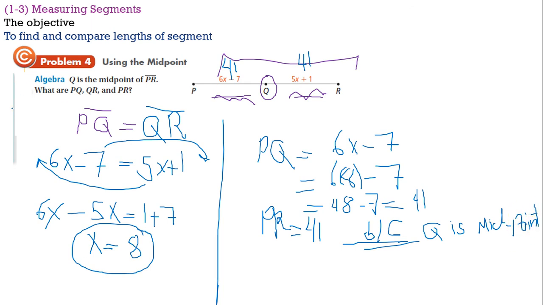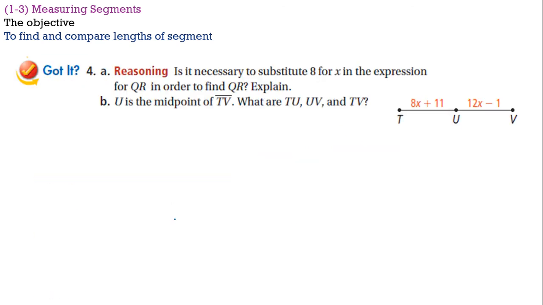All right, the remaining is finding PR. PR is equal to 41 plus 41, which is equal to 82. Like this, you're done. Let's move to the exercise here. Again, is it necessary to substitute 8 for x in the expression for QR in order to find QR?